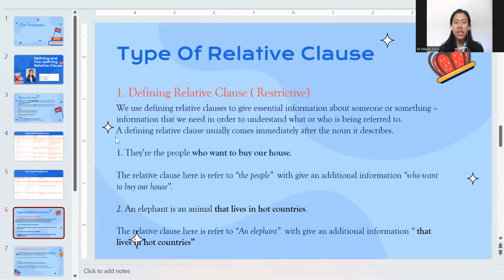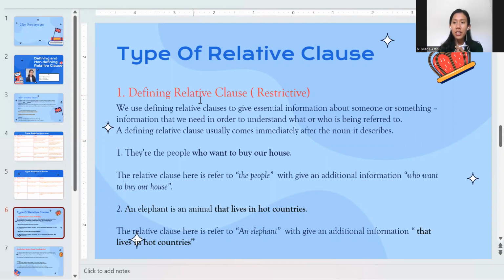The next one is types of relative clause. There are two types of relative clause. The first one is defining relative clause, also called restrictive relative clause. We use defining relative clause to give essential information about something or someone that we need in order to understand what or who is being referred to.